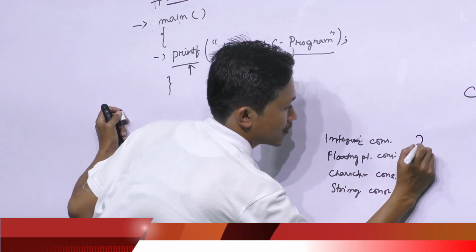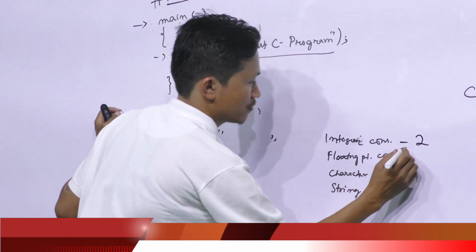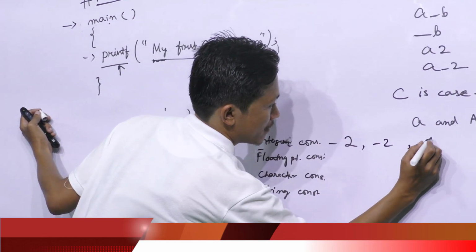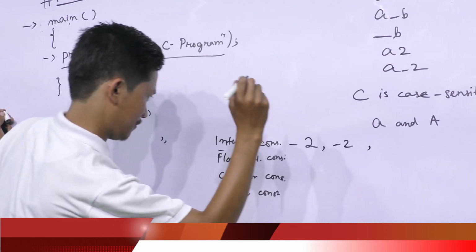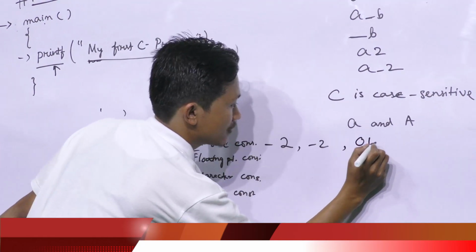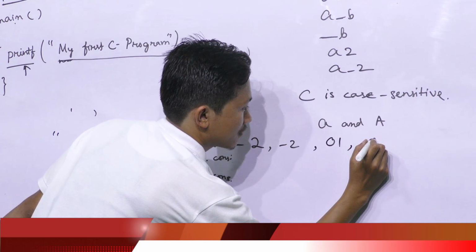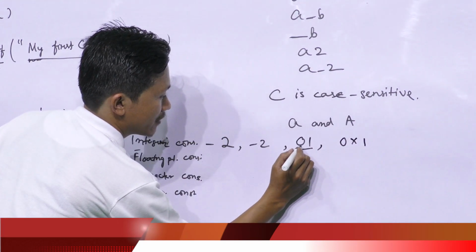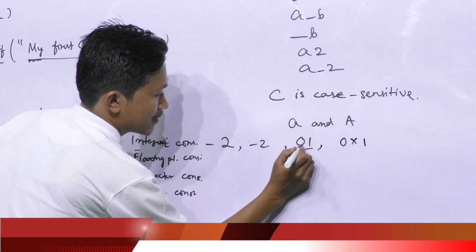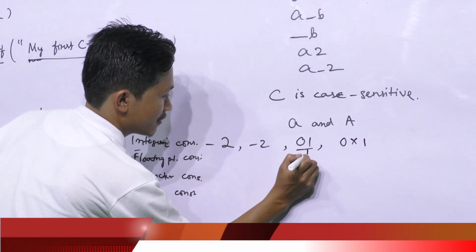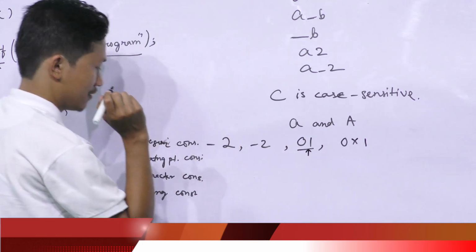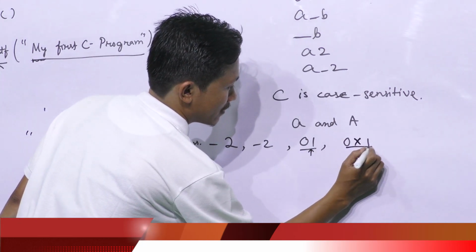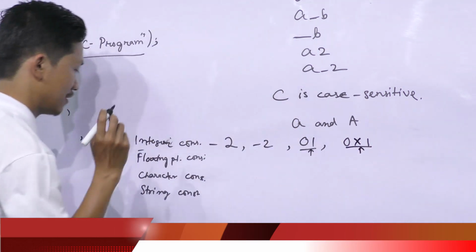For example, 2, -2 for integer constants, 01, 0x1. Whenever it begins with 0, it suggests that this is an octal integer, and whenever it starts with 0x, it is hexadecimal.